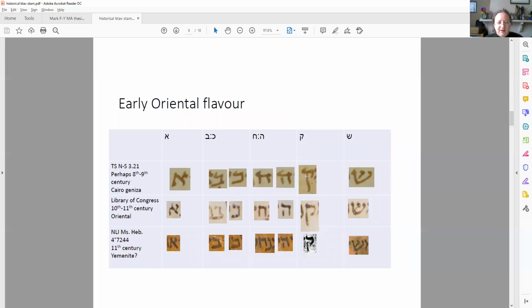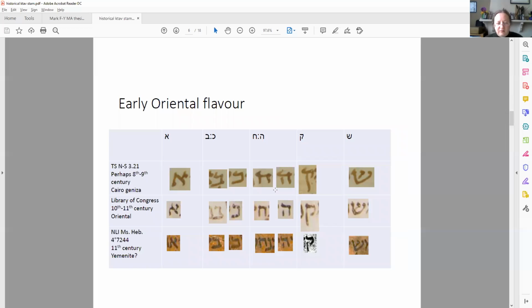And let's look at hay and chet as well, because on the top one, the one from the Geniza, the leg of the hay is basically attached to the roof. And if we went back and looked at the fragment closely, we would see that quite a lot of his hays are attached. Some of them are not attached, many of them are.